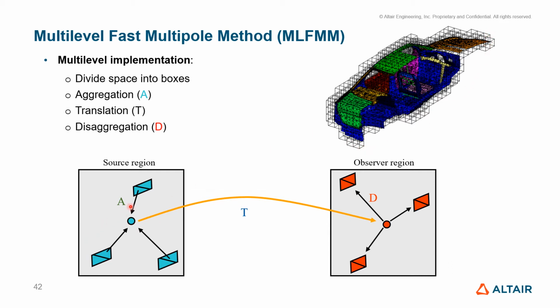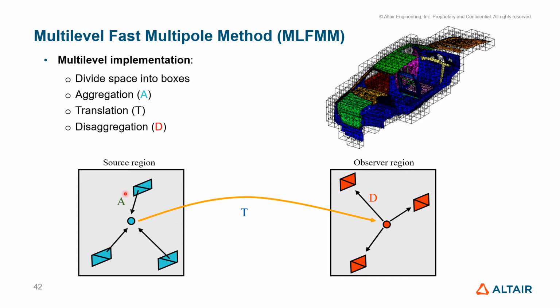That's what we call the aggregator operator, which makes all the effects of the triangles in this box into one number or one quantity. The same thing happens on the other observation side, with a deaggregator and a translator operator. So if there are 1,000 triangles here and 1,000 triangles here, instead of forming 1,000 by 1,000 interactions, I'm only forming a 3-quantity interaction here, A, D, and T. That's how MLFMM reduces the memory and also the time required for your calculations.